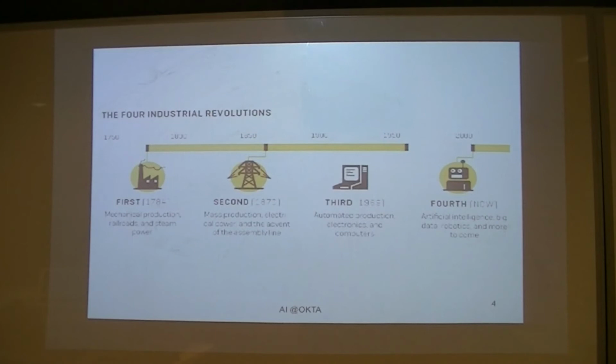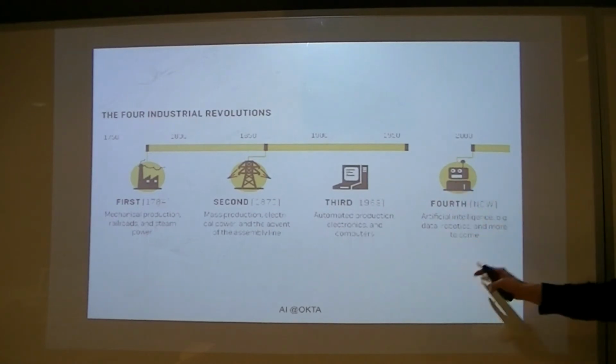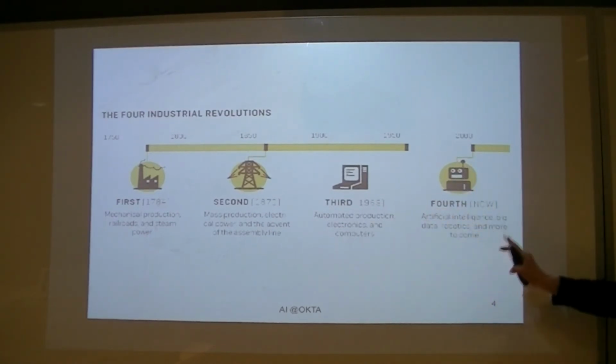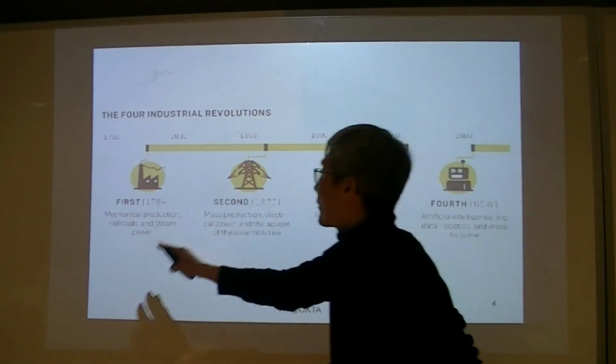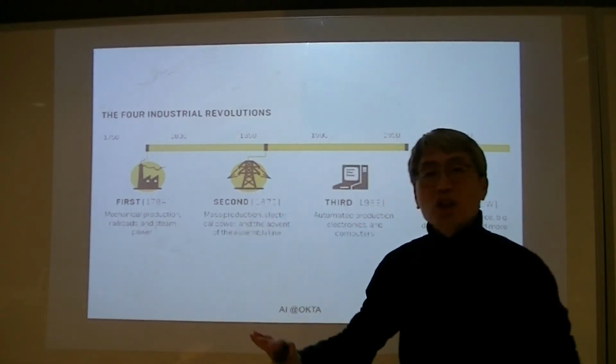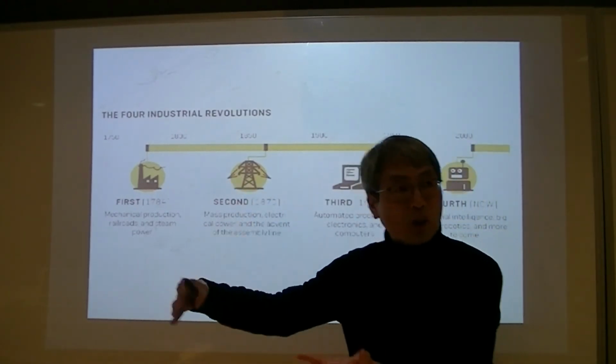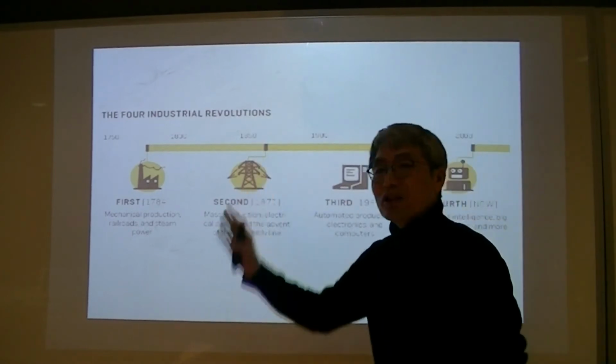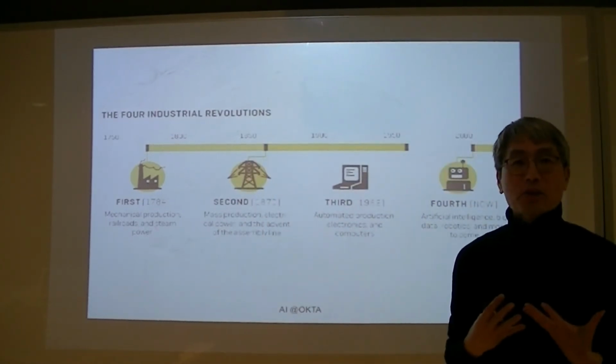So nowadays, when we say industrial revolution, it means a changing of the paradigm. In other words, the source of money is changing. The source of money came from mechanical production and mass production, then GE and Ford used the conveyor belt, and that changed the source of money.